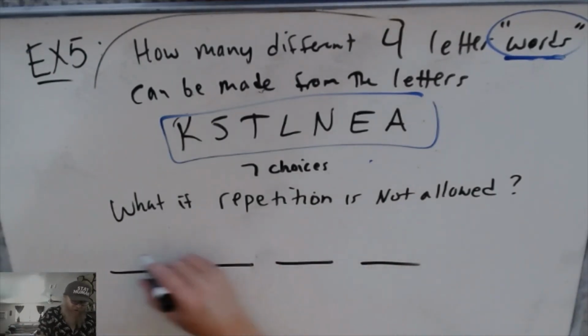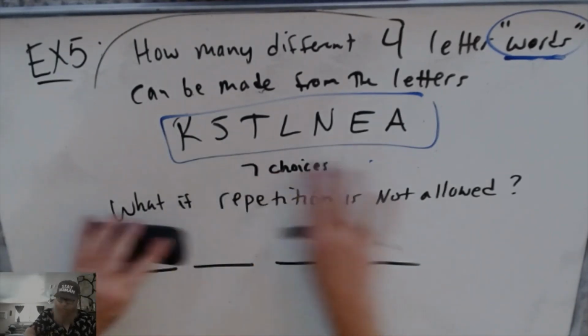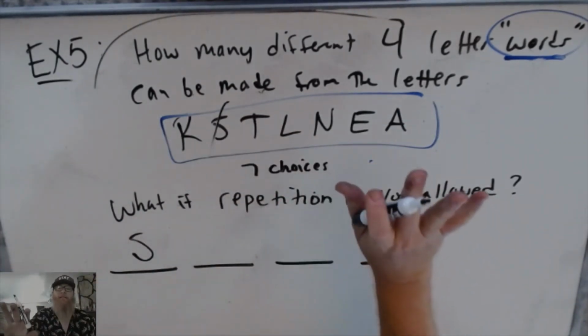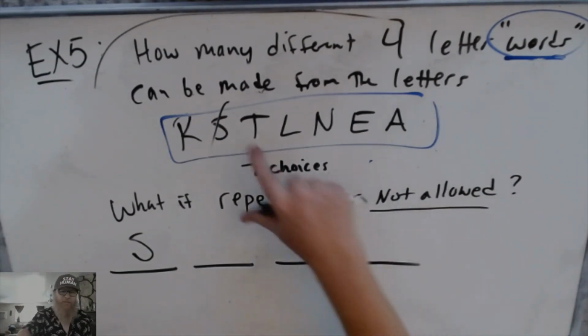And same thing for every other letter. If you pick an S, well then now you can't pick S anymore. You basically have to cross it off if repetition is not allowed.